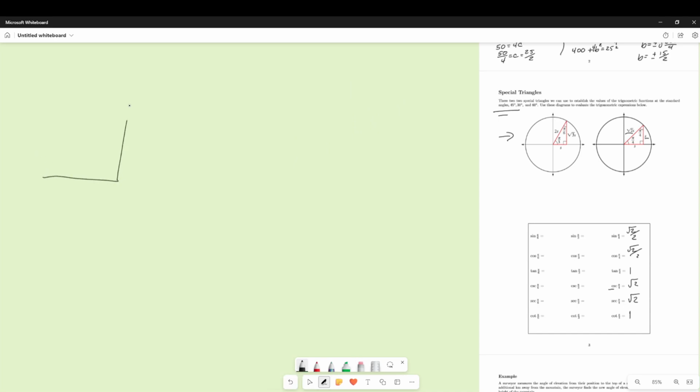Well, similarly, we like them because we could make a nice geometric argument for them. So if we look at a pi over 6, pi over 3 right triangle. Again, that's 30 degrees up here, 60 degrees down here.